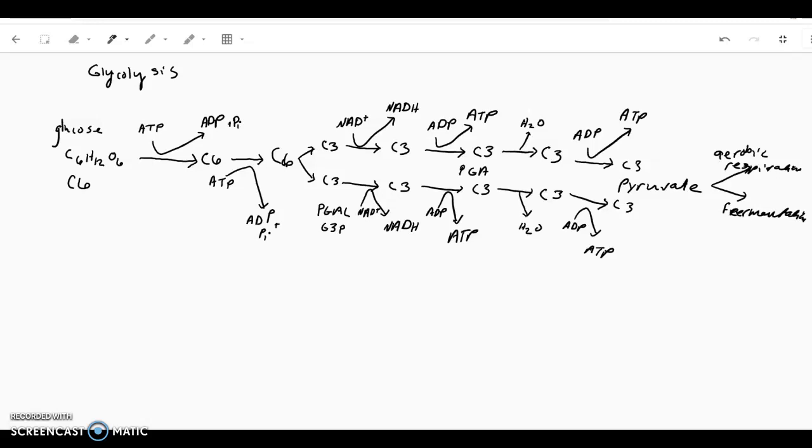Okay. One other thing that I want to mention is when we are producing ATP in this process, that's here. We have 1, 2, 3, 4 molecules of ATP being produced. That happens under substrate level phosphorylation.